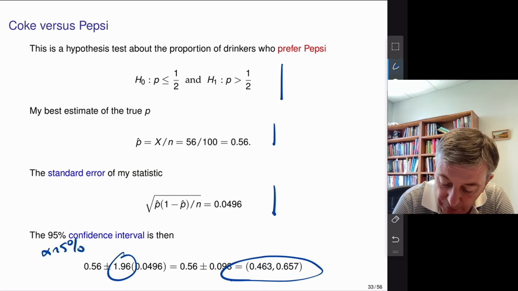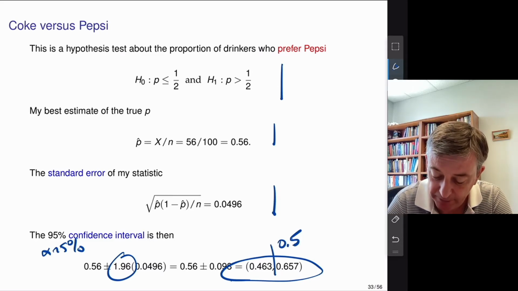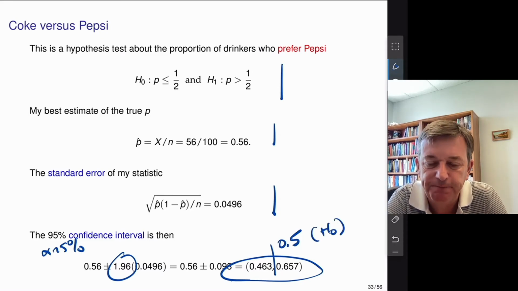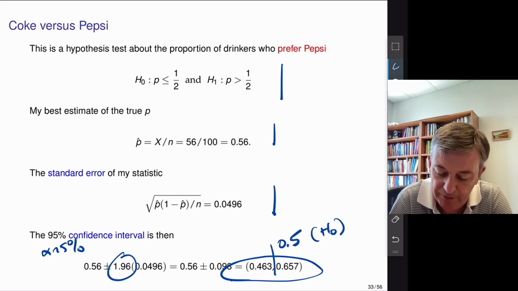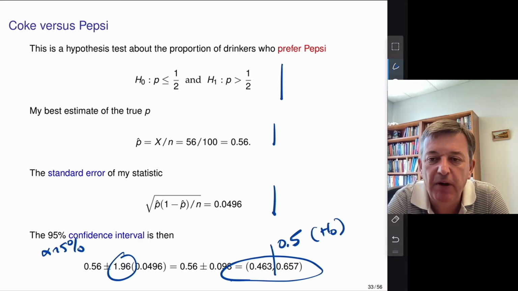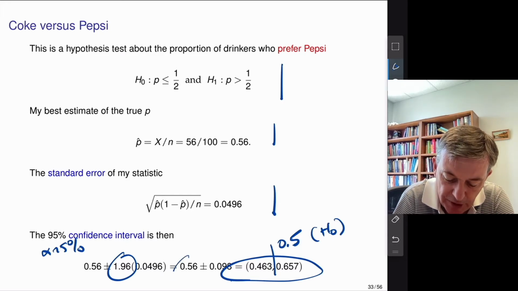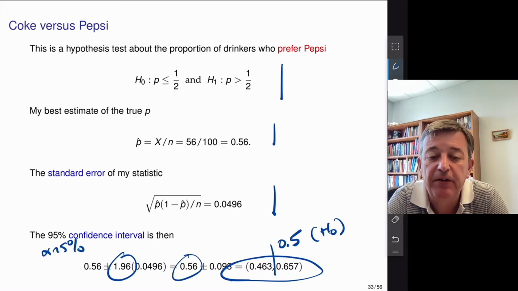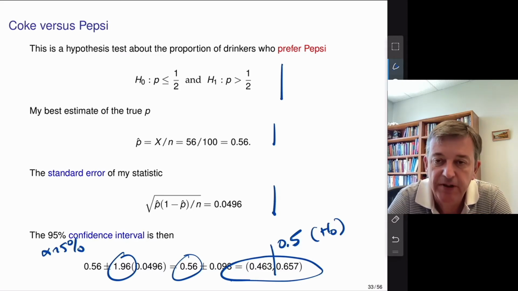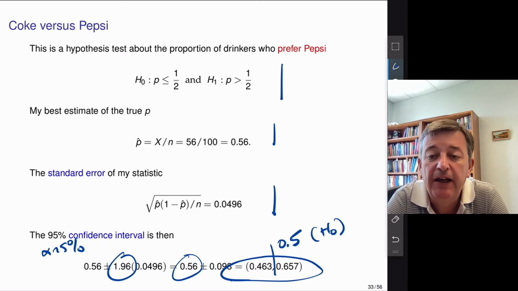And of course, the underlying null, that no difference between Coke and Pepsi is at 0.5, lies inside the interval. So even though the observed 0.56 is bigger than the 0.5, at the moment the statistical evidence is that it could have happened by random chance under the null hypothesis H0.